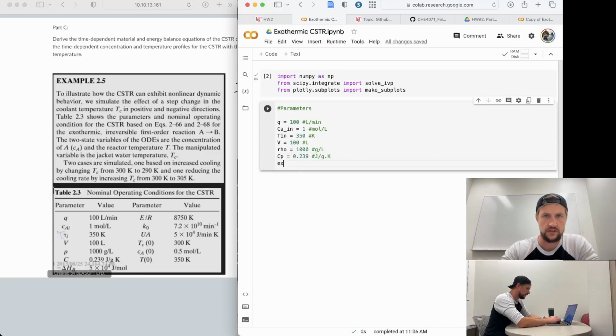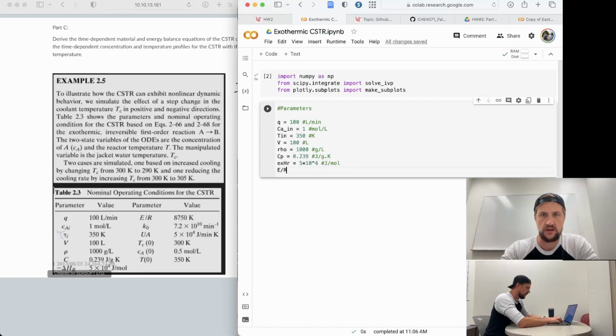Our exothermic reaction heat is equal to 5 times 10 to the 4th joules per mole.